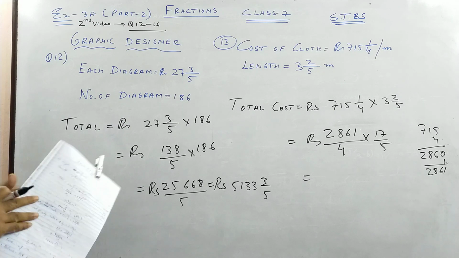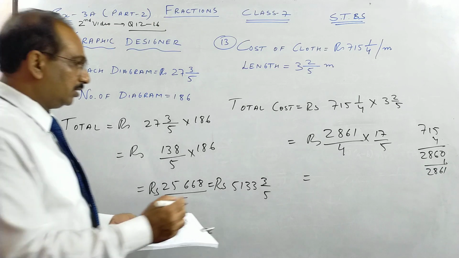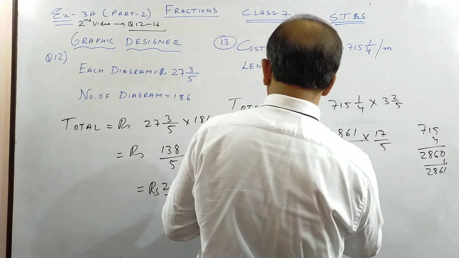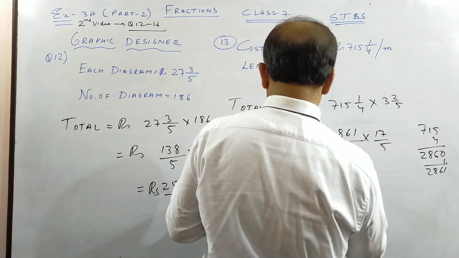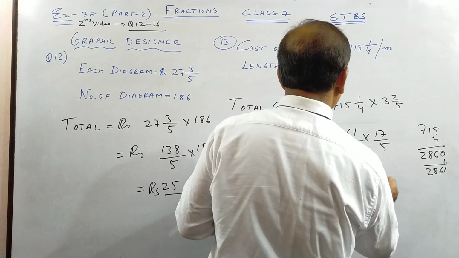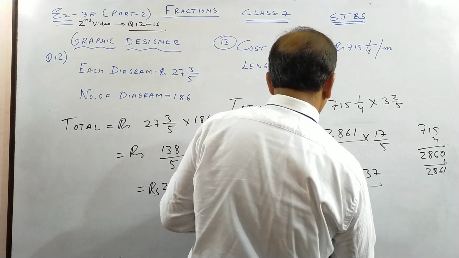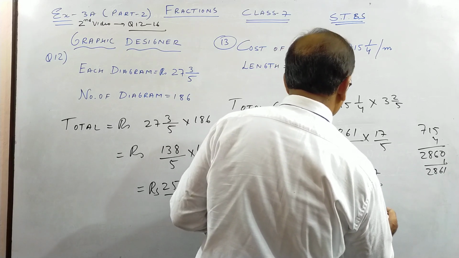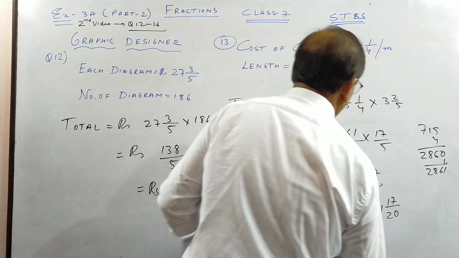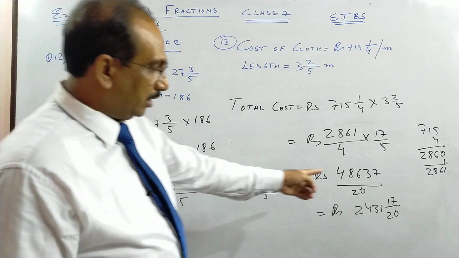This is question 13. So you will get rupees 48637 by 4 5s are 20, and as a mixed fraction this will give you 2431 17 upon 20.